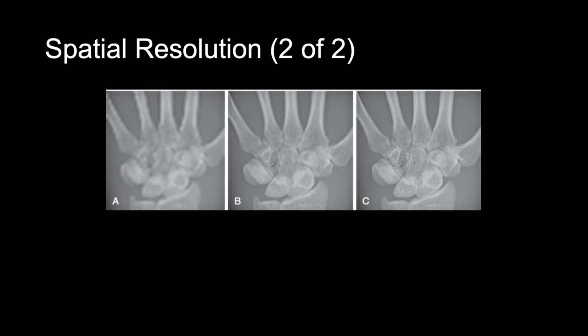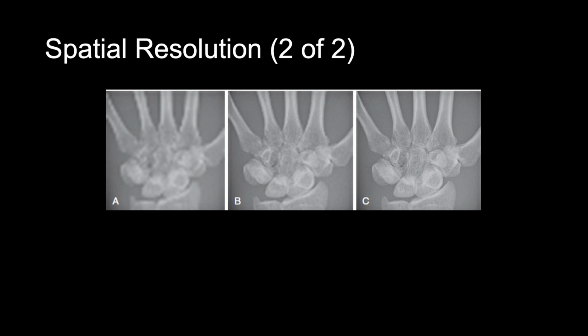The greater number of pixels in a matrix image, the smaller their size. An image consisting of a greater number of pixels per unit area, or pixel density, provides improved spatial resolution. So now we're going to look at images A, B, and C. Image A has 20 pixels per centimeter.